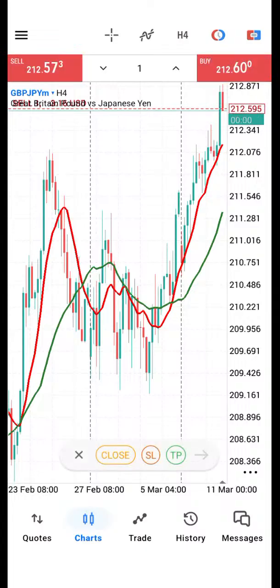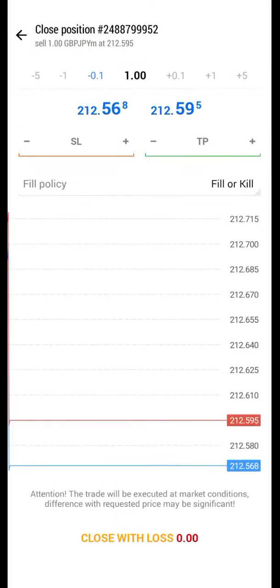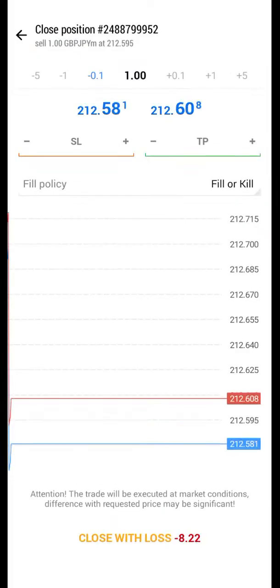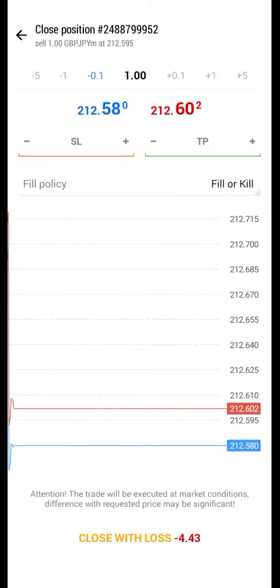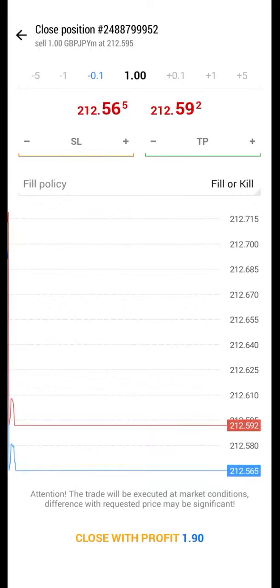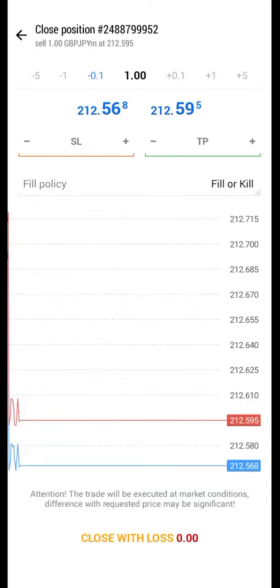Bro, I'll just take my profit and get out from this trade because this GBP JPY, I don't want to risk it. Just give me small profits. Everything is pointing upward, so why do you want to risk it?